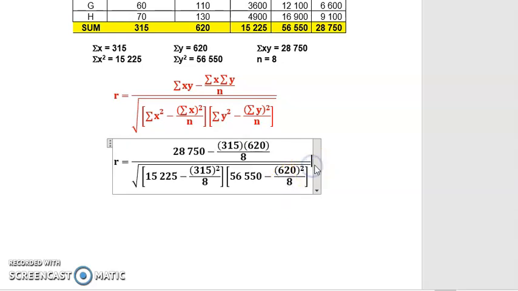When you calculate this value, you will get r equal to 0.886.